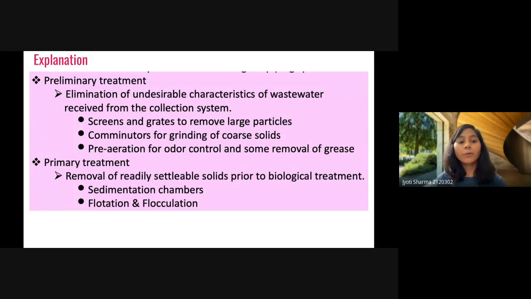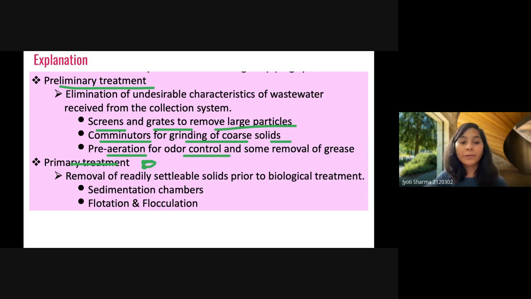So, okay, even before primary treatment, we have to undergo preliminary treatment, so that the instruments we are using in the primary treatment are not much affected. So we are using screens and some grates to remove the large particles. We are also using comminutors for grinding of coarse solids, and we can also give pre-aeration so that odor can be removed.